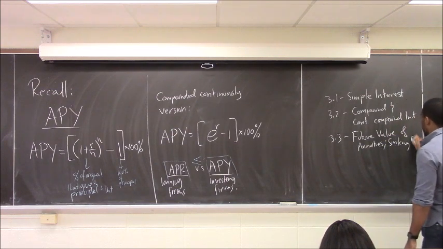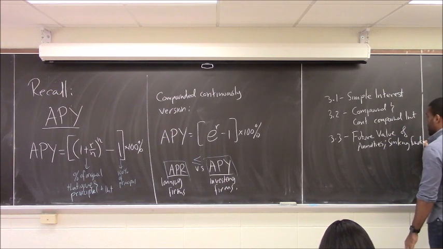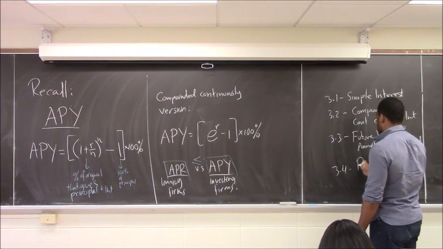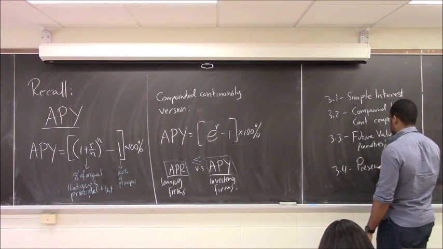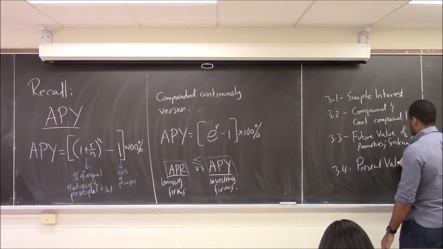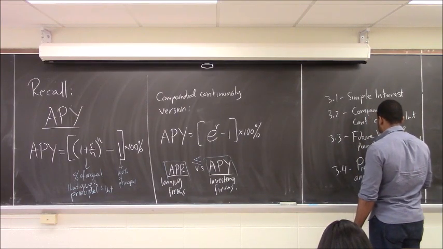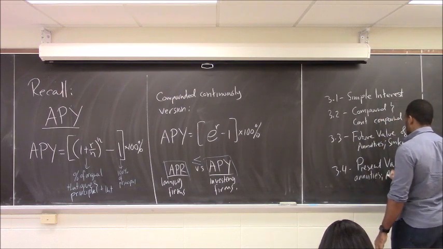We're going to talk about what that is and what an annuity is. And 3.4 talks about present value of annuities, and things like amortization.